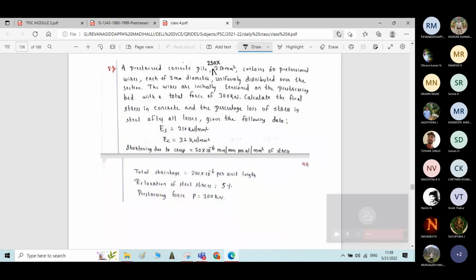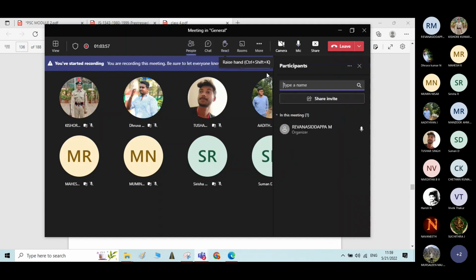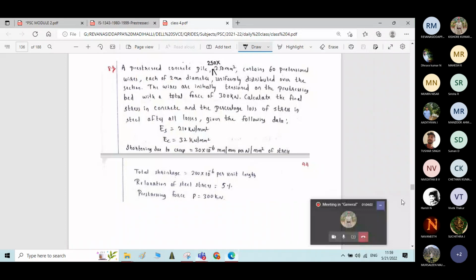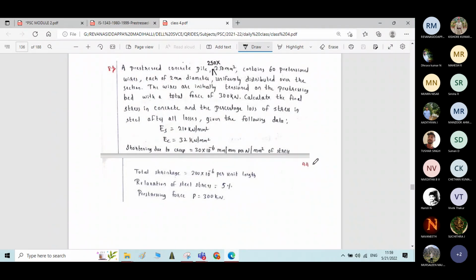Go through it. A pre-stressed concrete pile having a 250 by 250 mm square cross section is given.